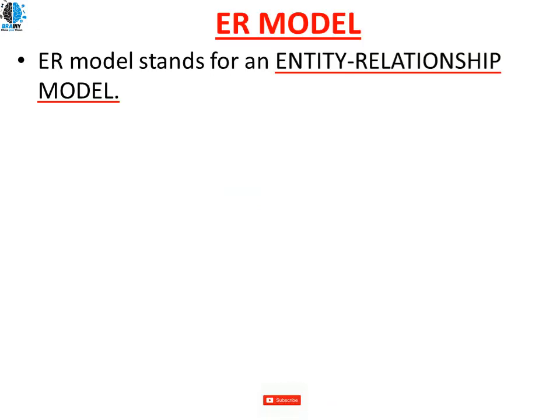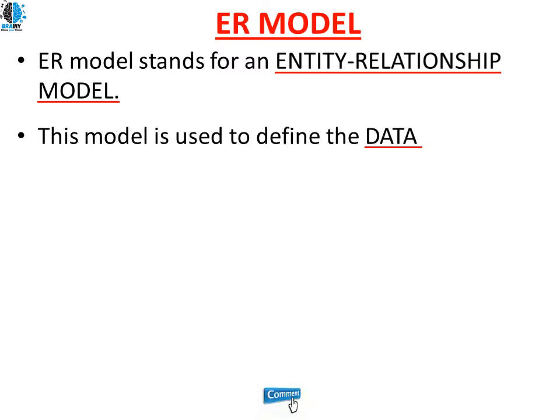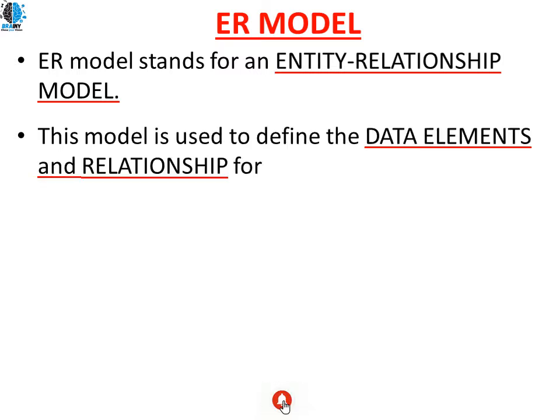Both are the same. ER model stands for entity relationship model. Entity is a real world object, and relationship is how the real world objects are related among themselves in a database. This model is used to define the data elements and their relationship for a specific system.